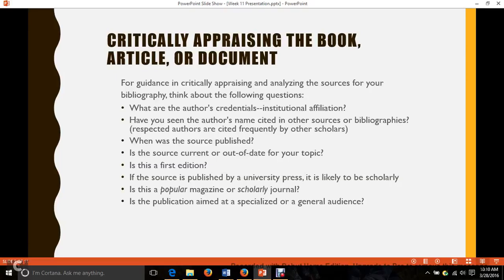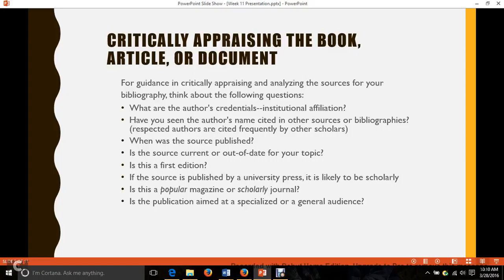So one of the things you could look at is the author's credentials. What institution are they affiliated with? What degrees do they have? How are they experts in your particular topic or the field that they are covering in their article? And if they're just some Joe Schmo that doesn't really have any credentials, maybe that's not a reliable source.